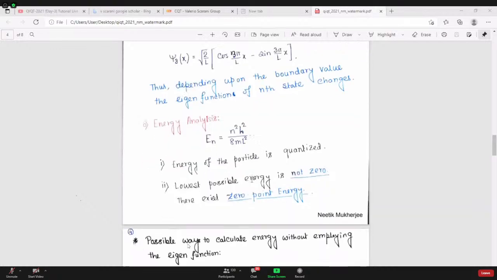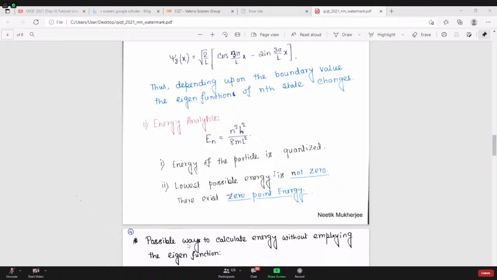Now we come to the point of zero point energy, where we were discussing why n equal to 0 is not allowed. The point is that your energy is divided into kinetic and potential energy. In this case your potential energy is 0, because within the box the particle experiences 0 potential, has 0 potential energy value.